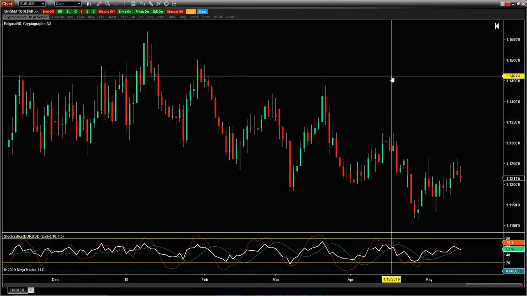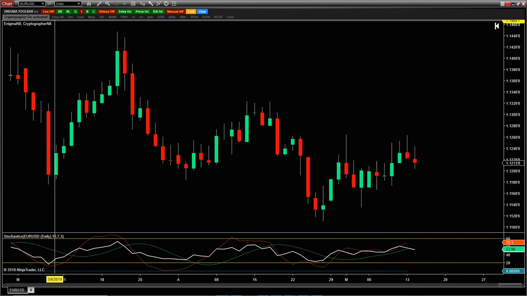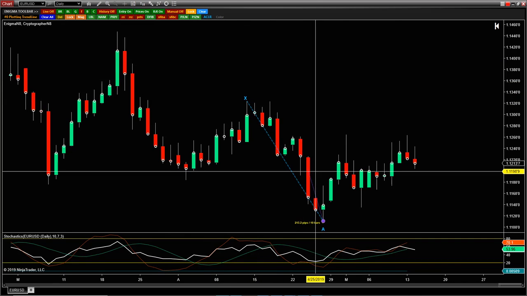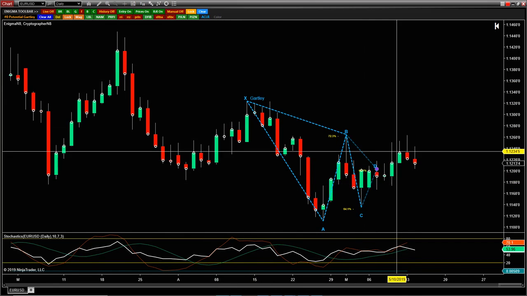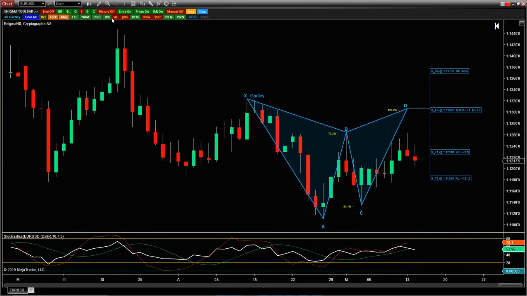Euro dollar here on the daily, not much has changed from last week. We still have two potential trade setups. There's a bigger bearish cipher here on the daily. And before that, there is a smaller potential bear Gartley here on the daily as well, looking at about 113.06. So that's the Gartley pattern.